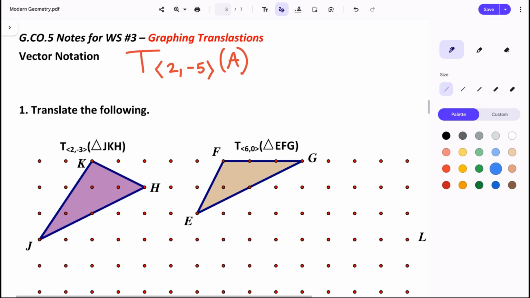So remember, the capital T stands for translation. This 2, -5 piece that I put in those pointed brackets, that's your vector.